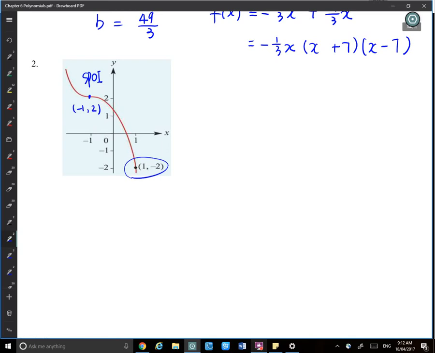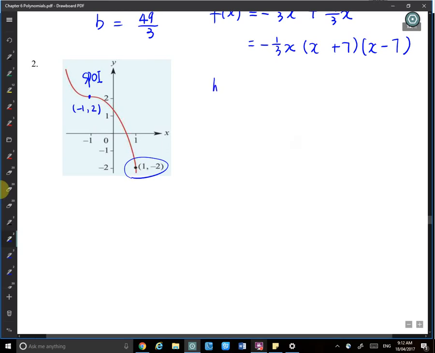The stationary point of inflection form. You have a stationary point of inflection at (-1, 2), which means h equals -1 and k is 2. (h, k) is the stationary point of inflection. So what's the stationary point of inflection form?